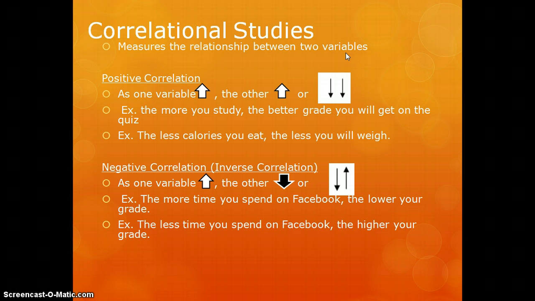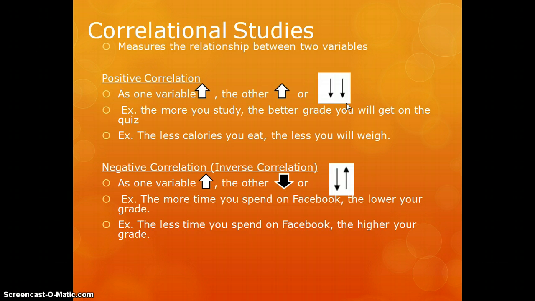So we're going to be talking about positive correlations and negative correlations. So with a positive correlation, as one variable increases, the other one is going to increase as well. Or we can flip the arrow, so as one variable decreases, the other decreases as well.